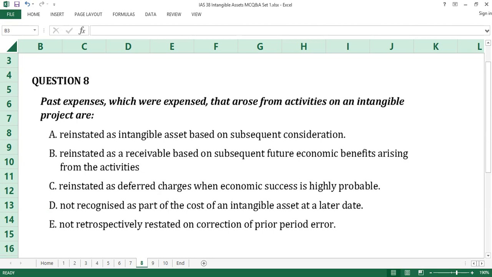E. Not retrospectively restated on correction of prior period error. Time counts. Ten seconds gone. Twenty seconds gone. Time up.